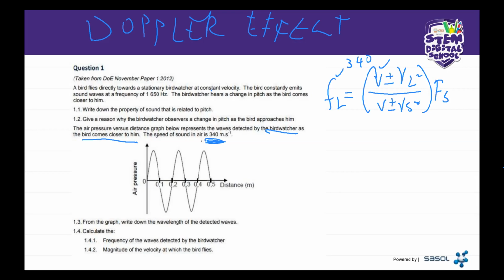Now they want to know, from the graph, write down the wavelength of the detected wave. So how do we know one wavelength? One wavelength is a wavelength that has both the upwards and the negative wave.